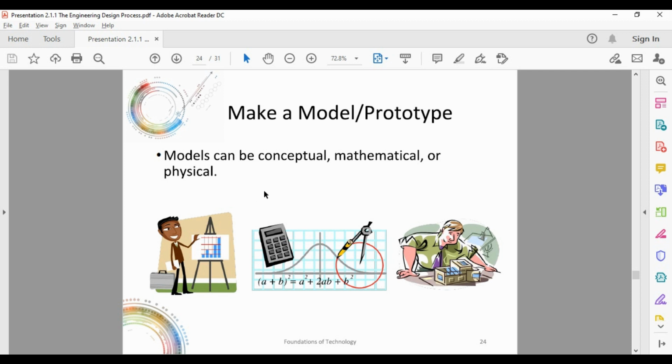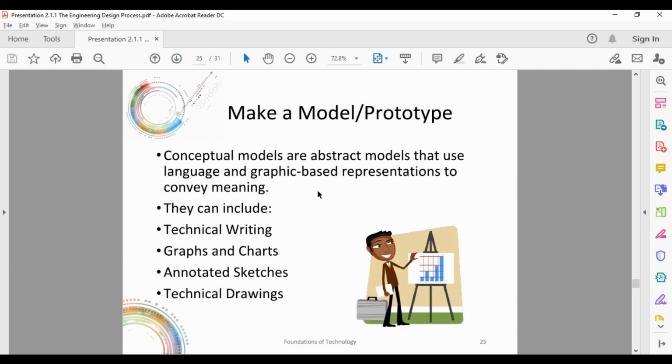You're not necessarily going to go into a science lab and release 200 birds, but you can make a mathematical model that simulates on a computer how those birds would operate, and that is another way that you could represent it. Or you could fly 200 paper airplanes and hope that they fly like birds. That would be an example of a physical model.